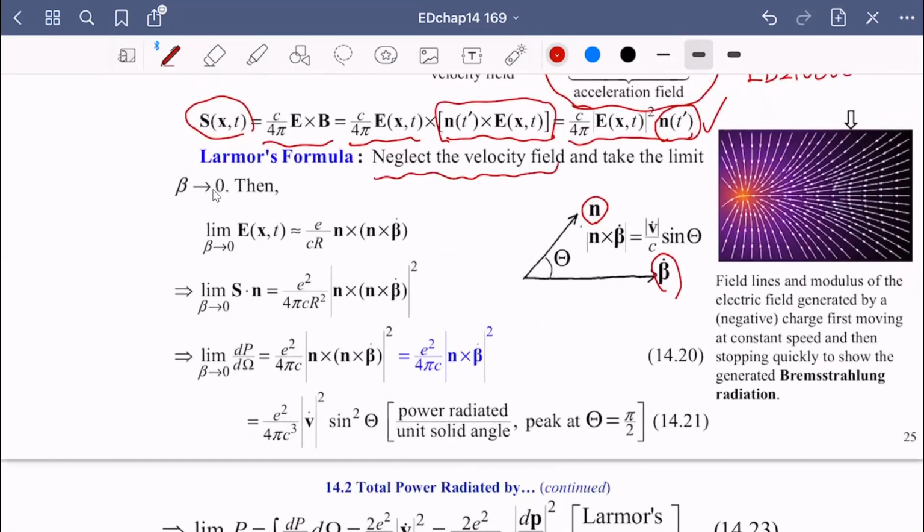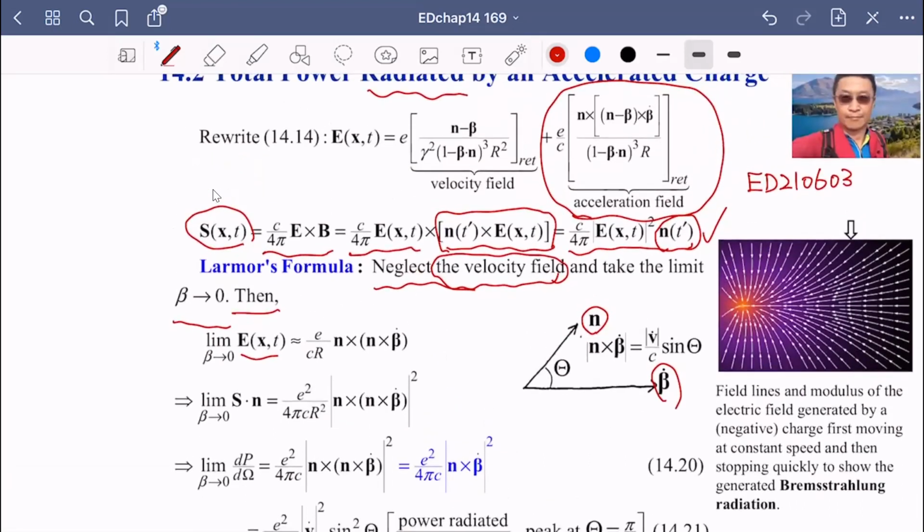Neglect the velocity field because, as I just showed, the velocity field is relatively small if R is very, very large. And we take the limit beta equals 0, very slow, extremely slow. So in the electric field we have only one term, since beta is very small, and I drop the other term.